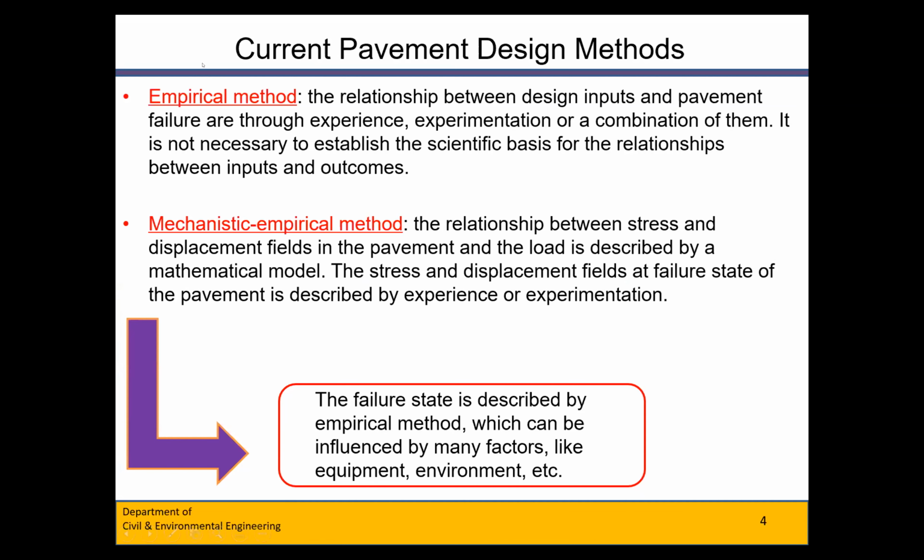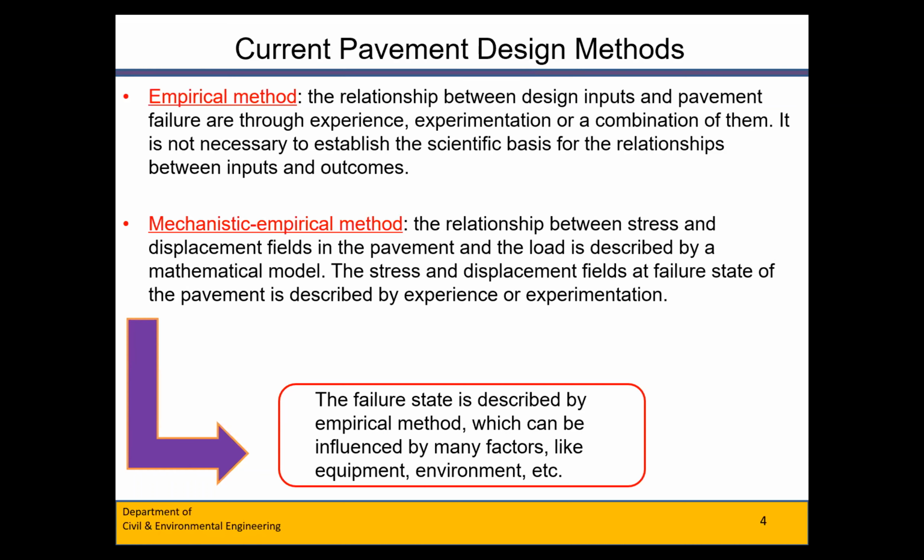Compared with the first empirical method, the second method, the mechanistic empirical method, has its own advantage because this method involves the mechanical response of pavement under loads, but the failure state of pavement is still considered and described by an empirical method.